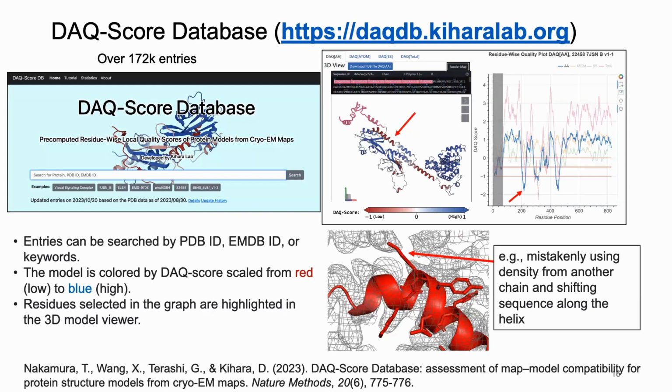Using the keyword search, you can easily find any PDB entries. It also shows the local quality of the DAQ score graph. Then you can use it for other things like refinement or ligand docking and so on.